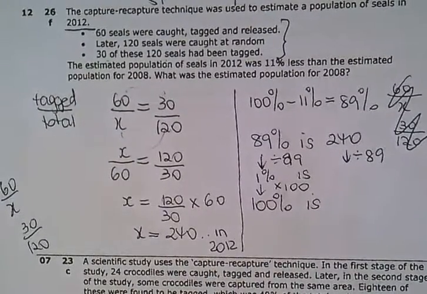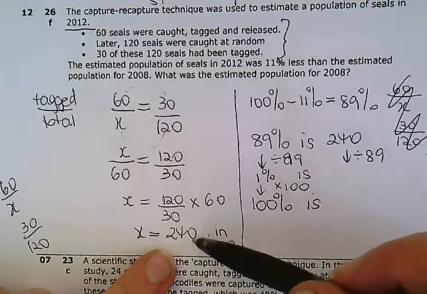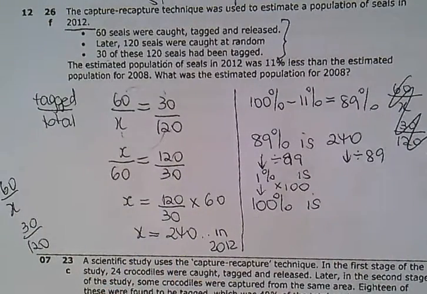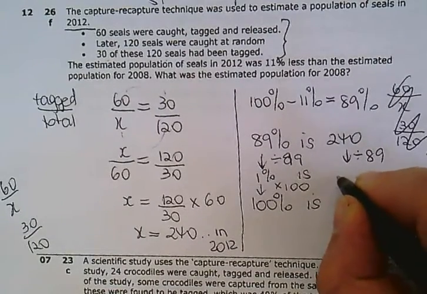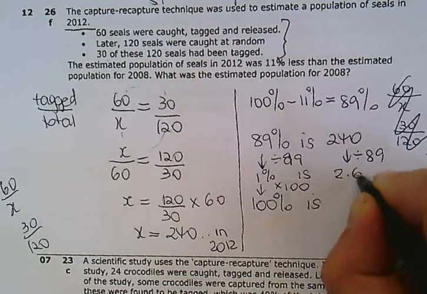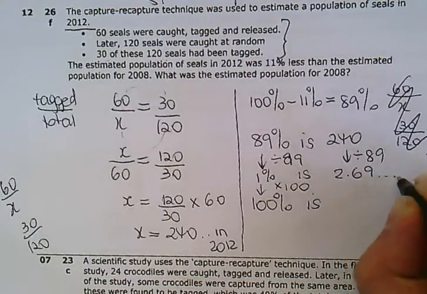So I'd say this question, 1 mark to get you 240, 1 mark to do the next bit. So what's 240 divided by 89? It's 2 point something, etc. Dot, dot, dot.